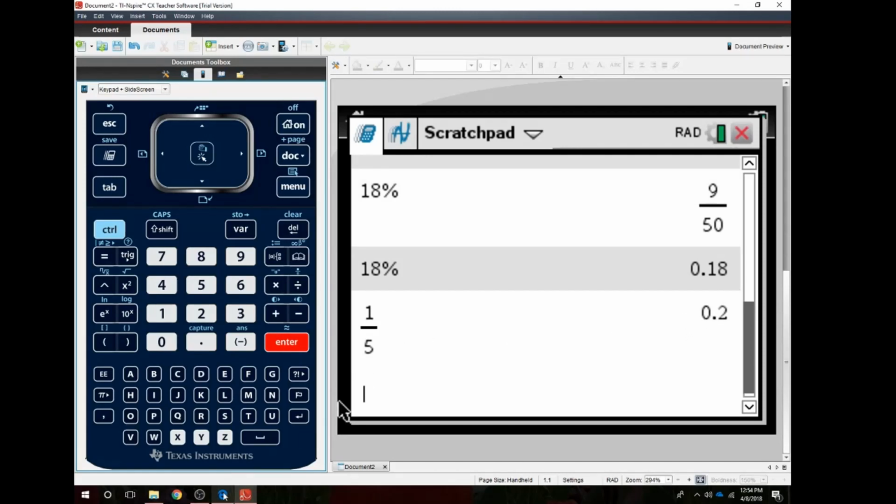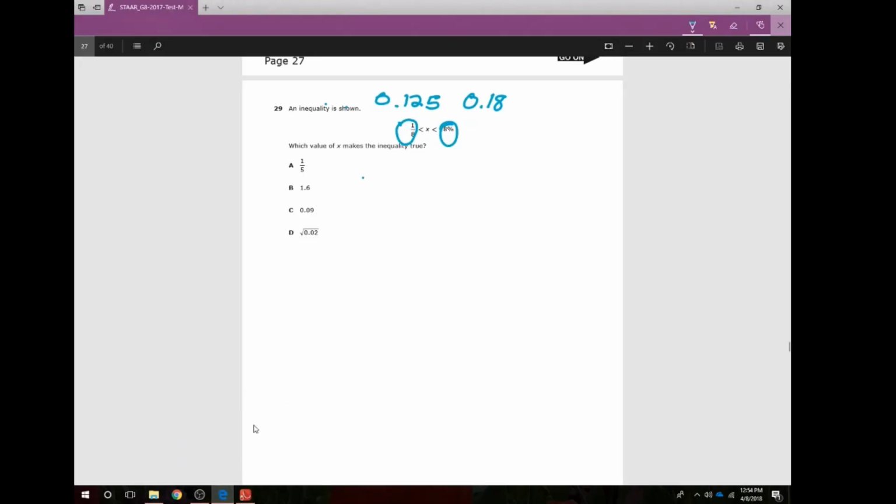So it's 0.2. And then I have 1.6 and 0.09. Those are already decimals.